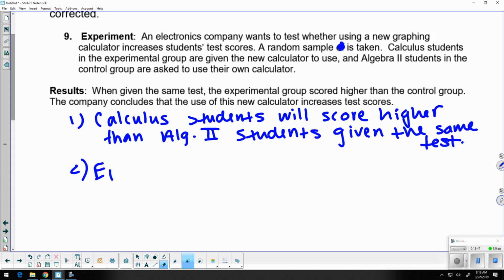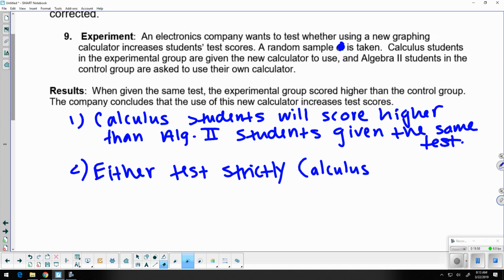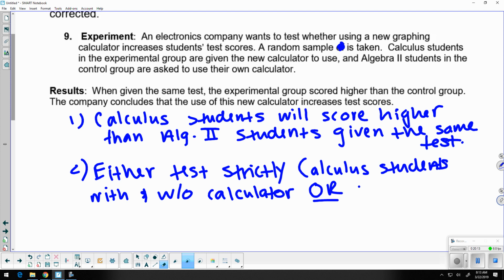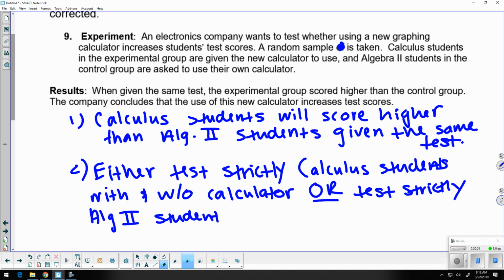Okay, so just to sum this all up, I said either test strictly calculus students with and without the calculator, or test strictly Algebra 2 students with and without the calculator.